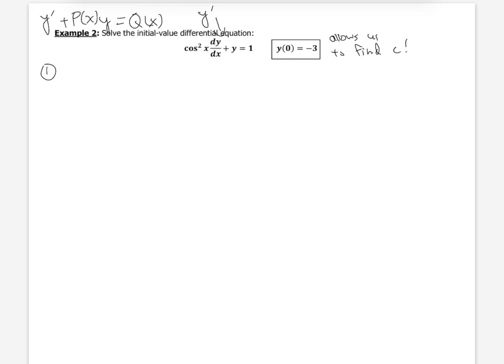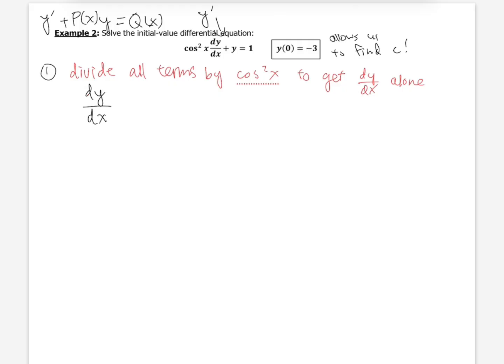We're just going to divide everybody by cosine squared x. So we get dy dx plus y over cosine squared x equals 1 over cosine squared x.